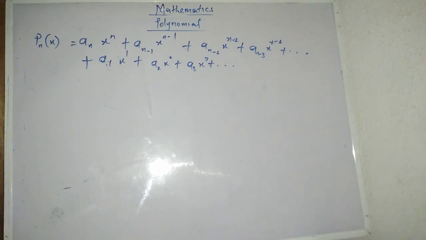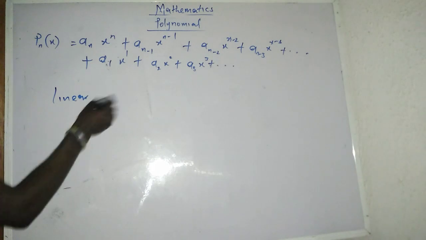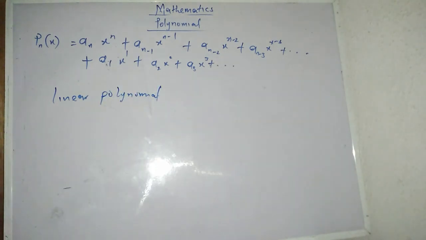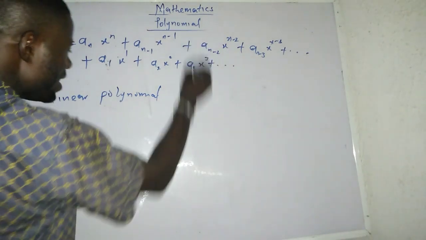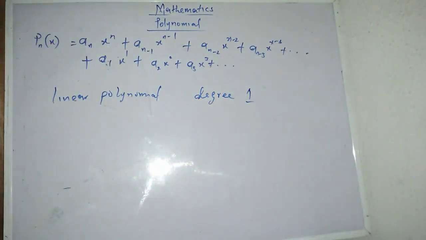Now, when we talk about polynomial, you have to understand that polynomial covers everything, variable and non-variable. It can be in linear form, which is a linear polynomial, where the highest degree of the polynomial is 1.